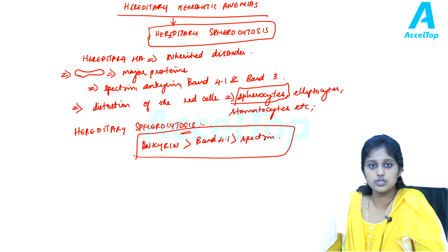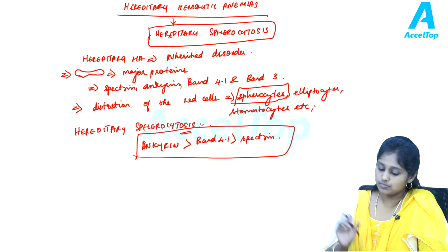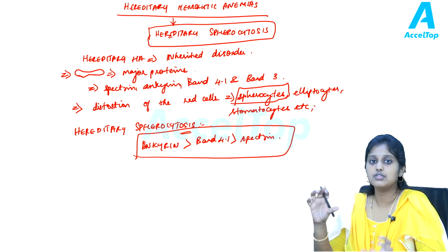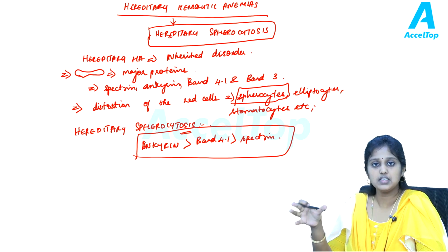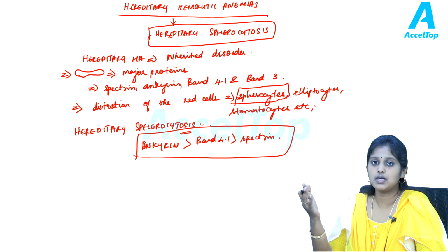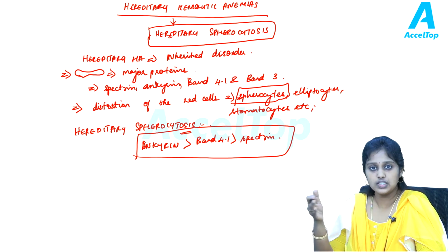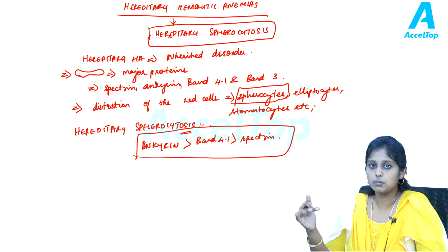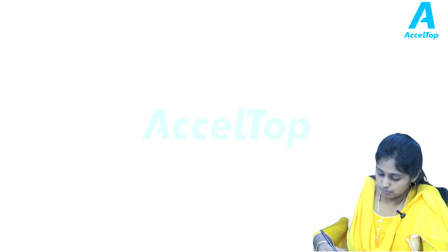Of these, hereditary spherocytosis is the commonest. The normal biconcave shape and flexibility of the RBCs are maintained by ankyrin, spectrin, band 4.1 and band 3. Because of this protein defect, what happens?